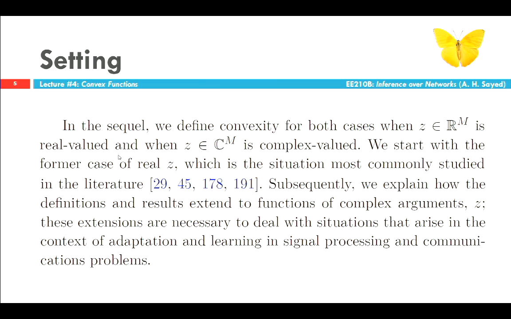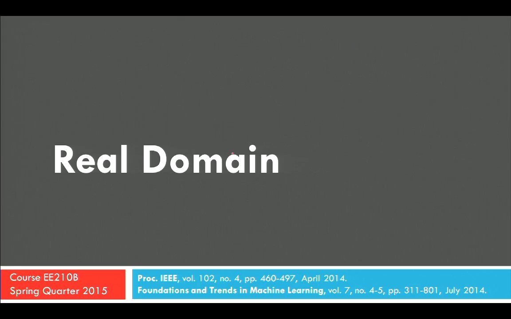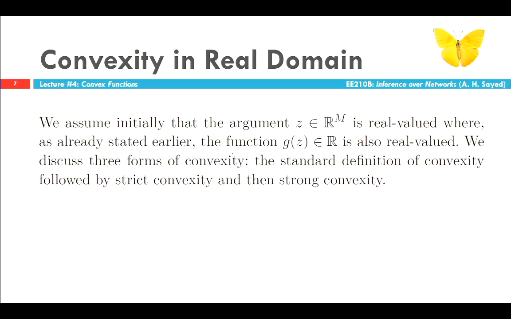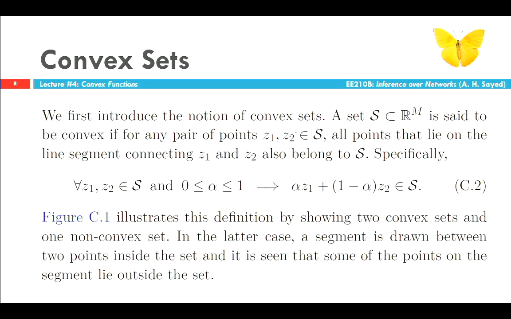So I'm going to distinguish between two cases. Let's start with the real case, and then the extension to the complex case will come next. Very good. So let's start with the real domain, so z is a real vector of size M, a column vector. Before I define what a convex function is, let me first define what a convex set is.